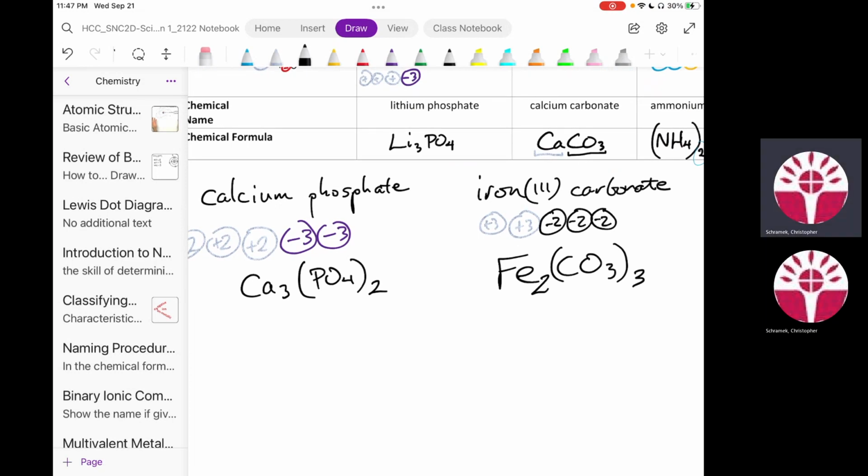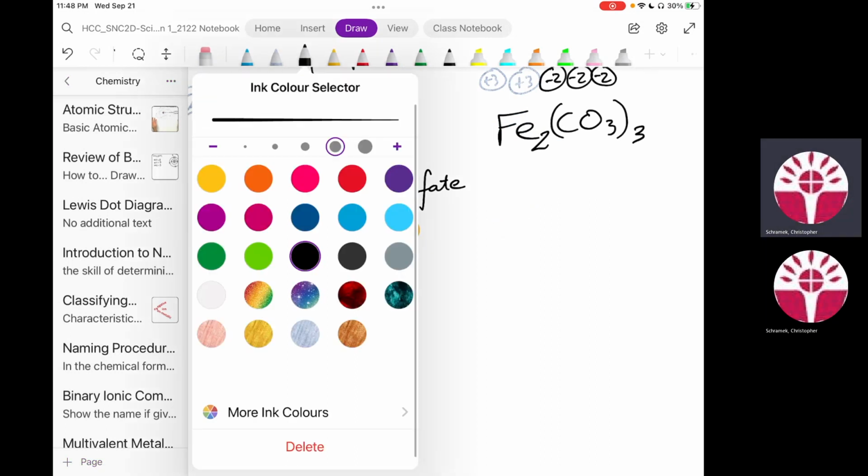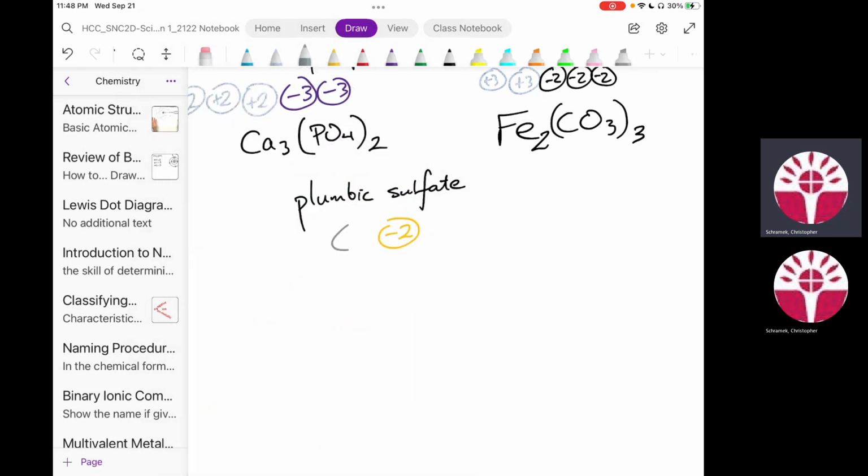Okay. Let's do another one. Plumbic sulfate. Okay, so if we're talking sulfate, we know that's a -2. If we're talking plumbic, let's do gray for that because lead is kind of gray. Well, plumbic tells us that's the +4.